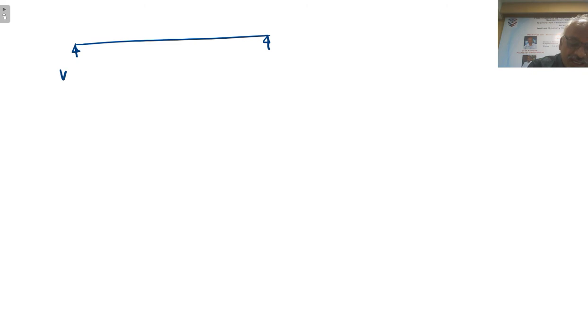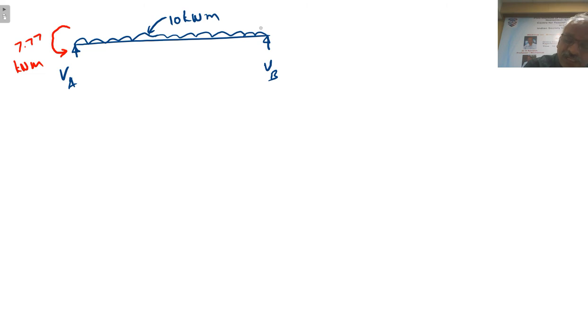Let us call this reaction VA, and VB, subjected to UDL of 10 kilonewton per meter. In addition, we have a support moment of minus 7.77 kilonewton meter. In BA we have got a clockwise moment of 24.45 kilonewton meter. So the span is 4 meters.